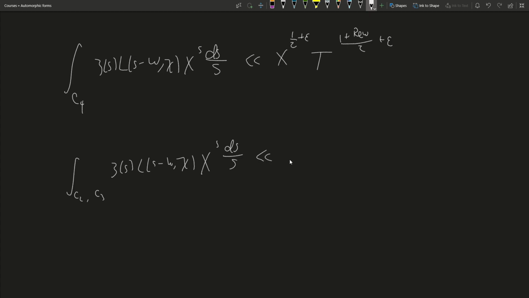So what you end up getting is that this is x to the 1 plus the real part of w plus epsilon, which was the abscissa of convergence, and then you have a divided by t here, so it's using this convexity bound.